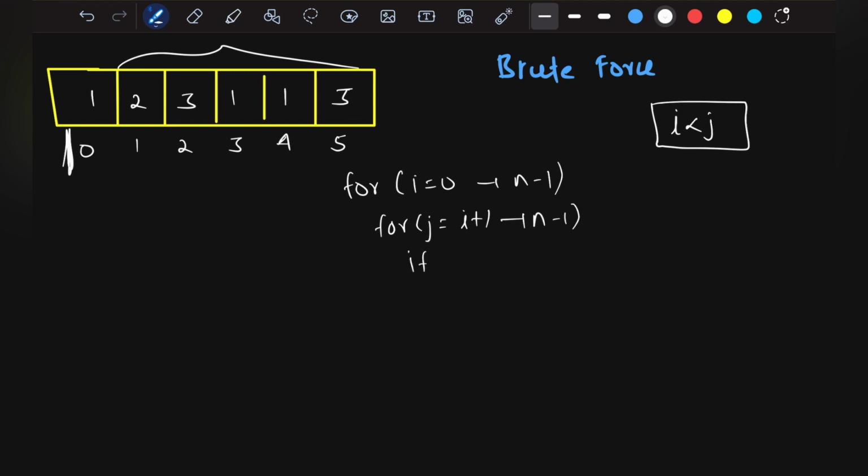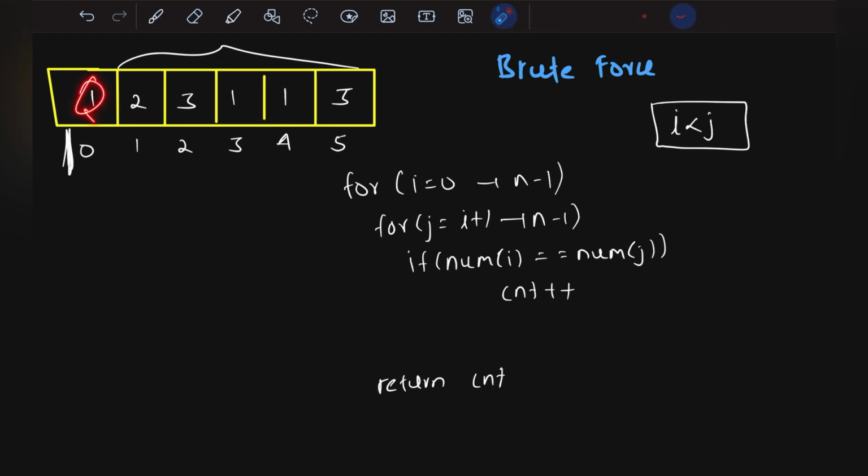And simply I will check if nums[i] is equal to nums[j], then I will simply increment the counter, and finally I will return count, and the count will contain my final answer. For this one, this one is equal to this one, so count becomes 1, then 2, then 3, and this becomes 4. Therefore the total answer for this question will be 4.